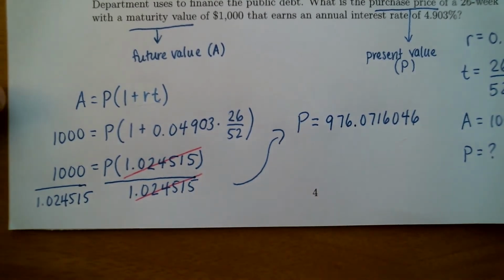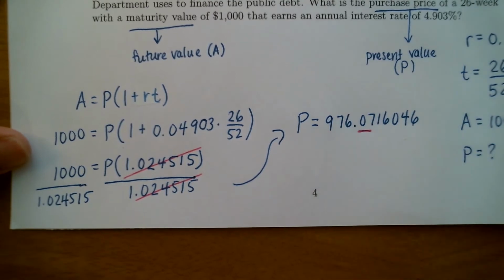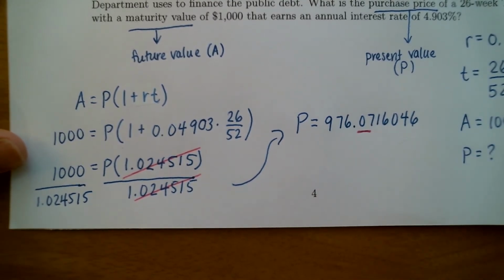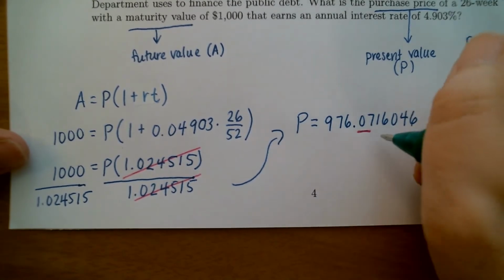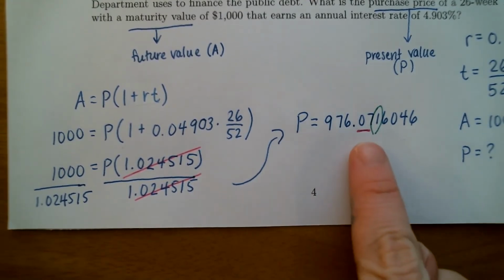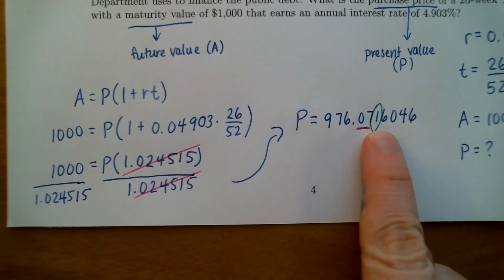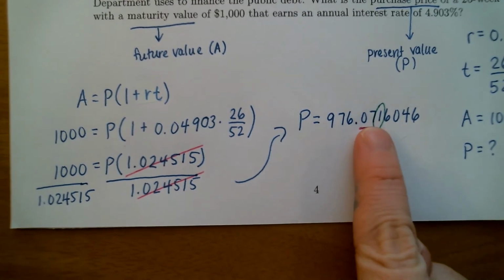So what you're going to do here, here's your cents. You need to look at the number behind it. So you look at this 1. If the number behind the cents value is 0, 1, 2, 3, or 4, you're going to leave the cents alone. If this is 5, 6, 7, 8, or 9, you're going to round up a cent.